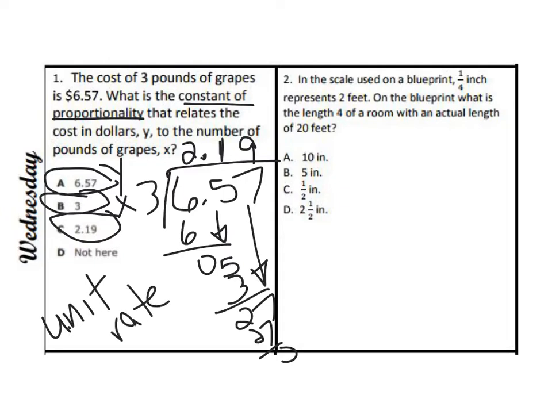Okay. In the scale used on a blueprint, 1/4 inch represents 2 feet. On the blueprint, what is the length of a room with an actual length of 20 feet?